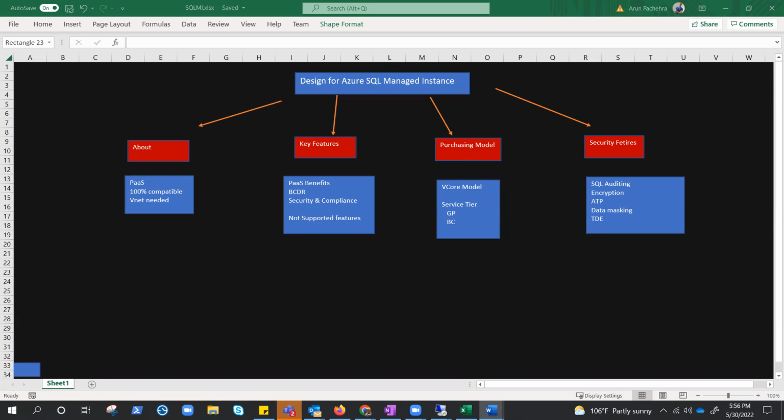All right, now I should not go and talk about architecture because it has already been covered for the service tiers. Like even in SQL MI, we have general purpose and business critical. vCore model also eligible for up to 55% savings with Azure Hybrid Benefit for SQL Server.